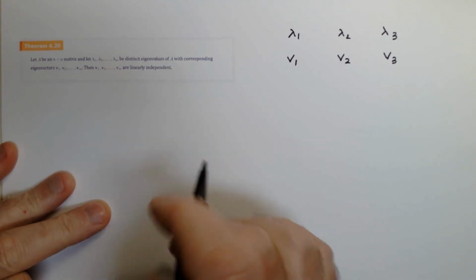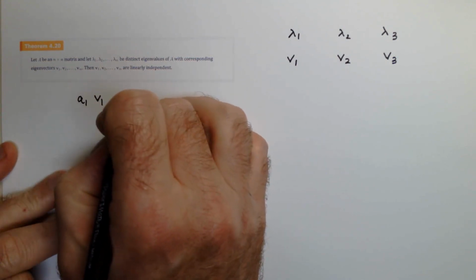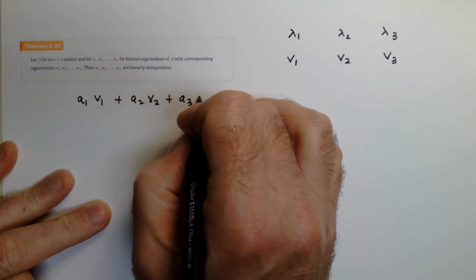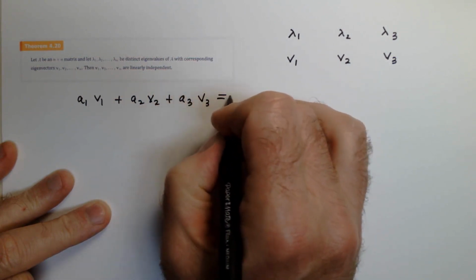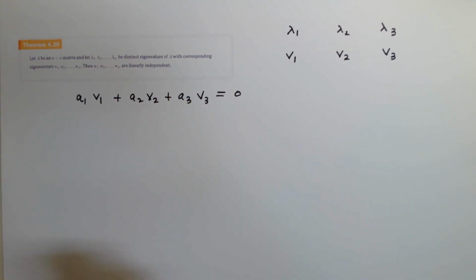So we're going to look at a1 times v1, a2 times v2, and a3 times v3. We're going to set that equal to the zero vector and see what kind of solutions for a1, a2, and a3 there are.